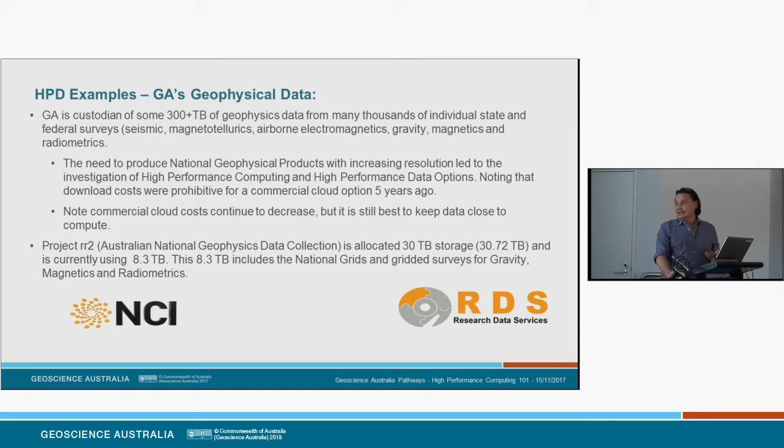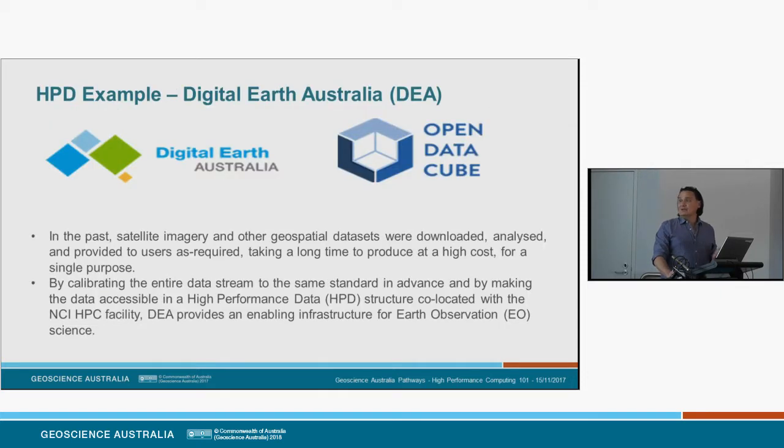So that's government-funded storage for data sets of national significance. And Dave's already mentioned the Digital Earth Australia program. They use NetCDF as the container format for the Earth observations. So, and they provide an API on the NCI to allow people to access that data.